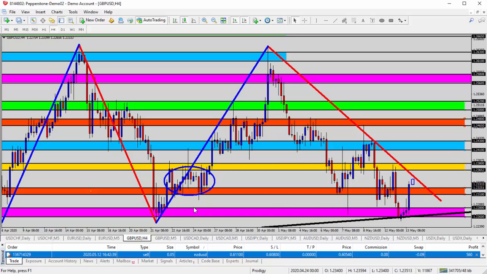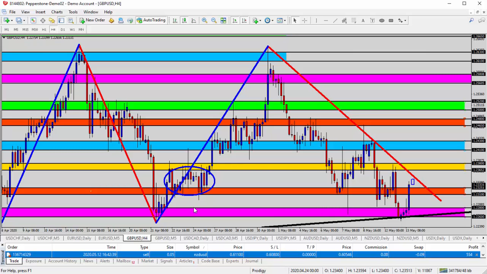Looking at the blue circle, we're looking for it to stay above the orange zone, sit on top of the orange zone as support, with a continued push lower for the US dollar. These are the clues we need to begin looking for a buy scenario and reversal for the pound dollar. If none of that happens, if the dollar goes back up and the pound dollar gets right back underneath the orange zone, I think we look for the downside once again.